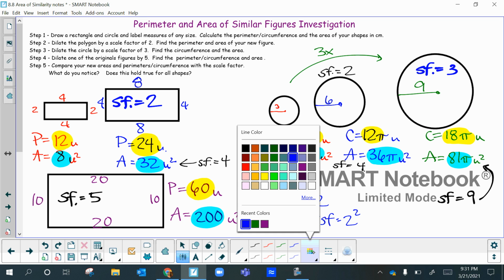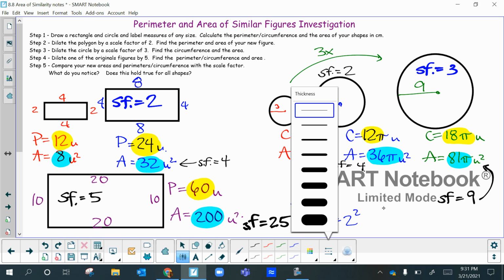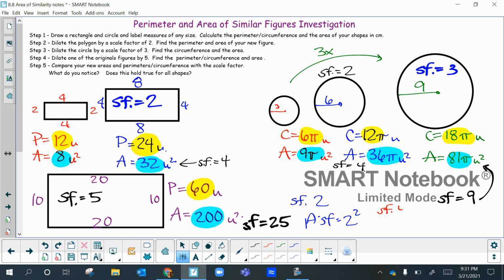If our scale factor is 4, guess what our area scale factor is going to be? It's going to be 4 squared. Just like up here when our scale factor was 3. If our scale factor is 3, then the area scale factor is going to be 3 squared, because we're in squared units.